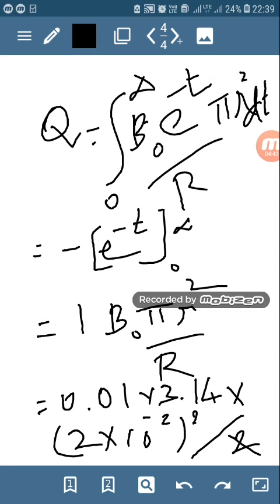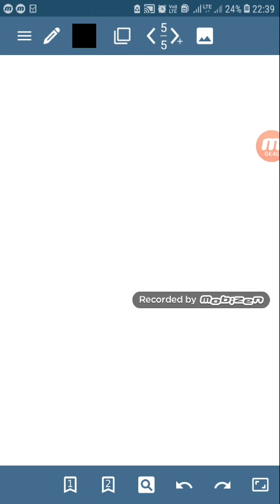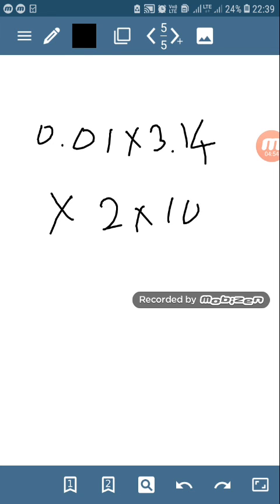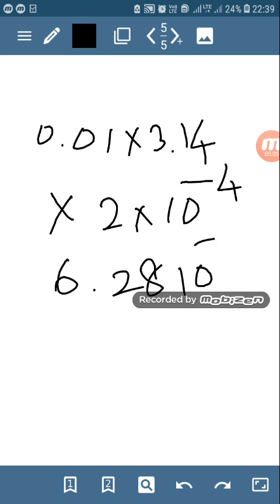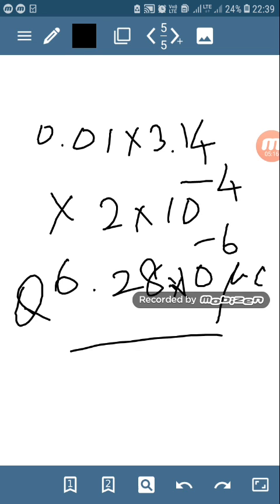So the 2 cancels, and we get 0.01 into 3.14 into 2 into 10 power minus 4. So the answer is 3.14 into 2, which gives 6.28, and the power 10 power minus 6, that is 6.28 microcoulomb. This is the charge crossing the wire during the decay of the magnetic field.